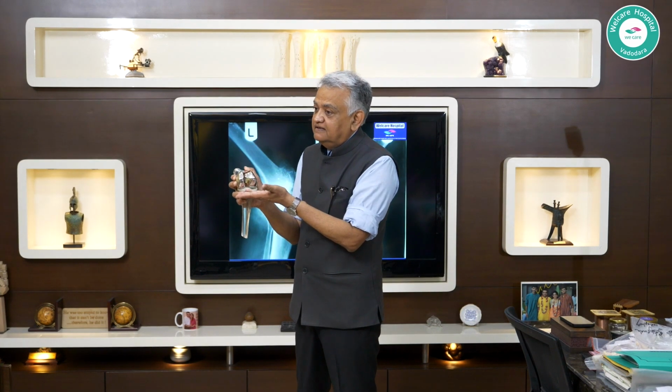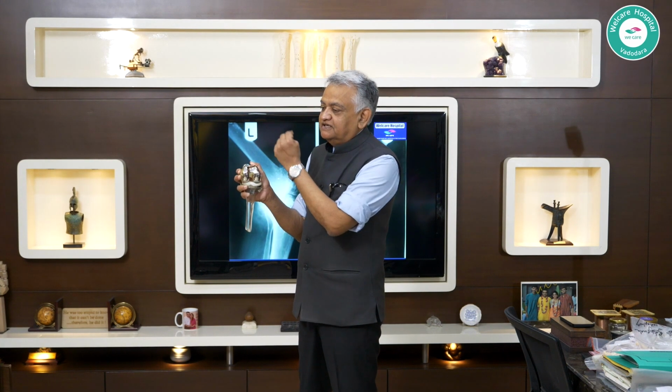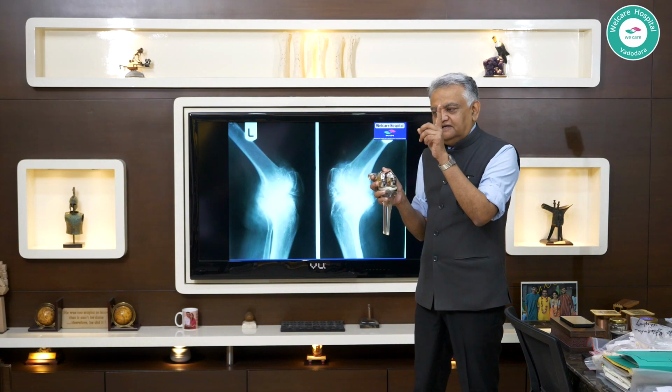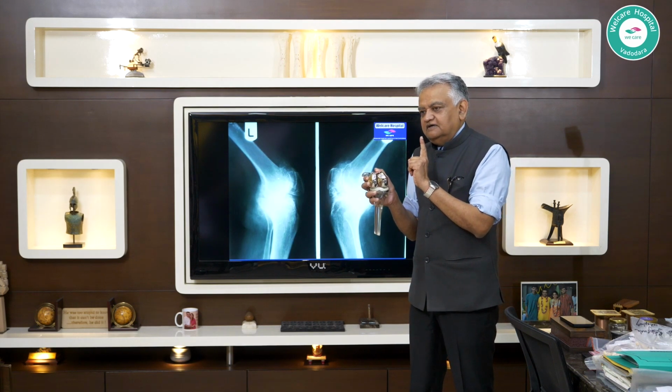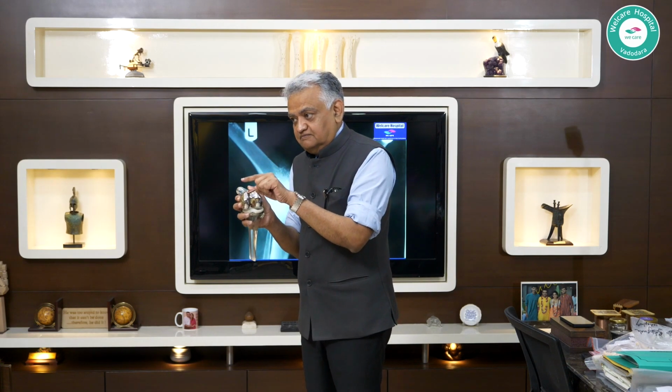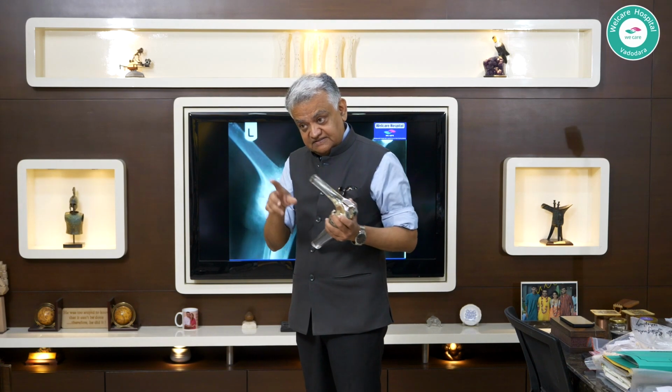So unlike your brain, which sees it in totality, the figures that you see on a navigation screen or a robot screen, it's not that the navigation or the robot has perceived all the total volumetric data in an imageless system. In an image guided system, yes.